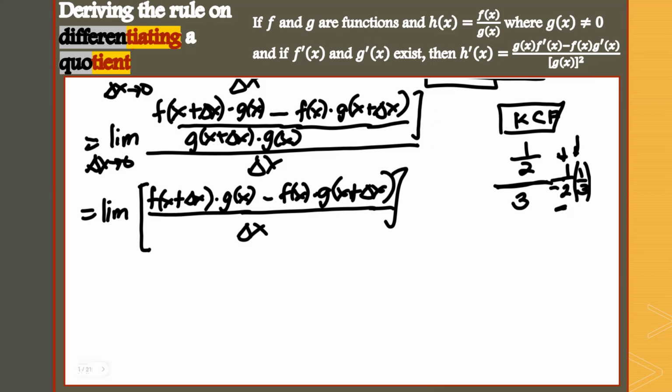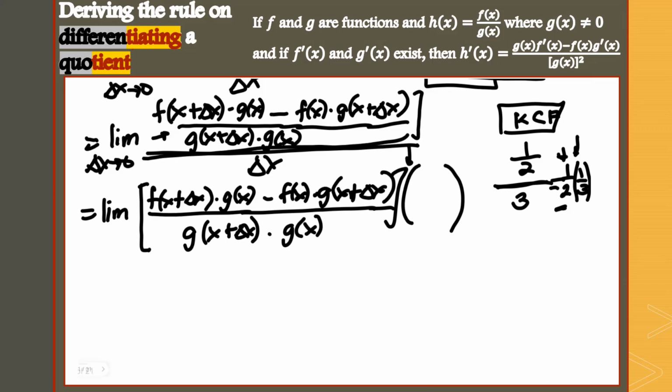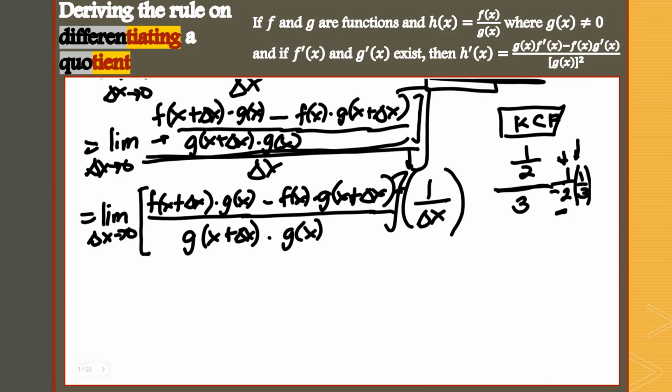Instead of division, change the operation to multiplication, and we flipped, sorry, my bad. This is not all over delta x because we are still using this for our numerator. g of x plus delta x times g of x. And then now we change the operation to multiplication. Instead of this, it becomes multiplication, and we flip the original numerator, so reciprocate that: 1 over delta x. Keep, change, flip method, right? Let us not multiply this in the meantime because we will return to that later.